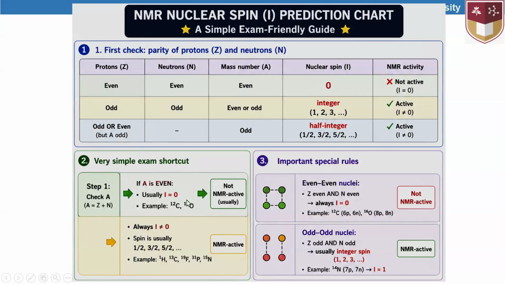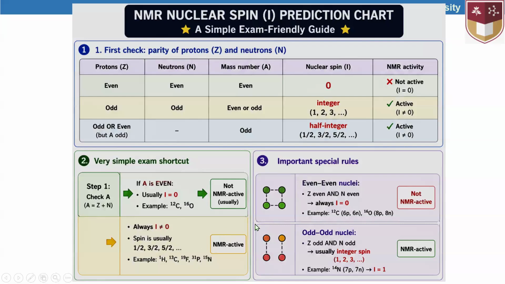Likewise, oxygen 16 isotope has 8 protons and 8 neutrons, so it is also NMR inactive. But hydrogen 1 proton or carbon 13 isotope or fluorine 19 isotope, phosphorus 31 or nitrogen 15 isotopes are NMR active due to their odd numbers in their nuclei.